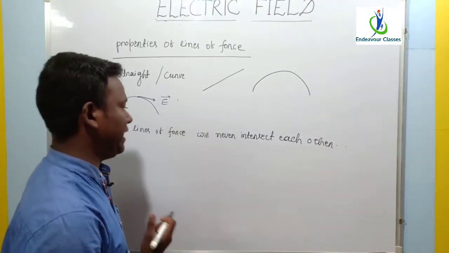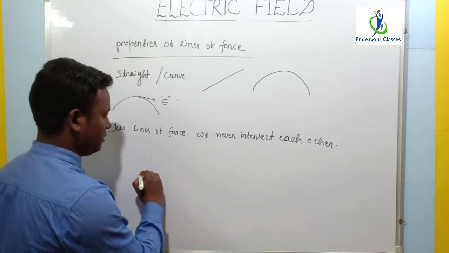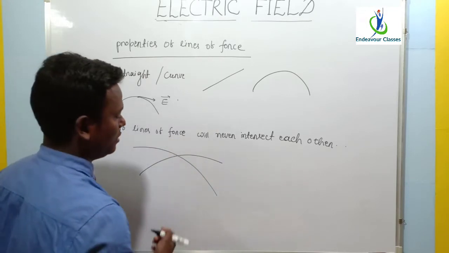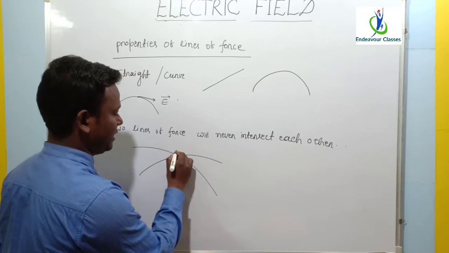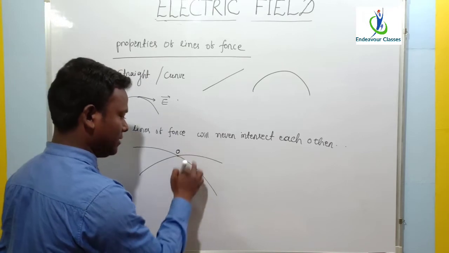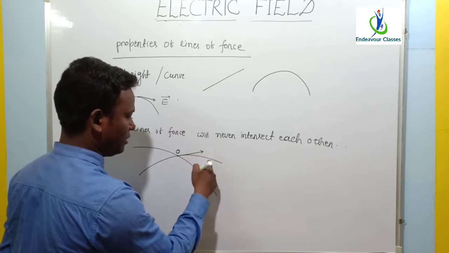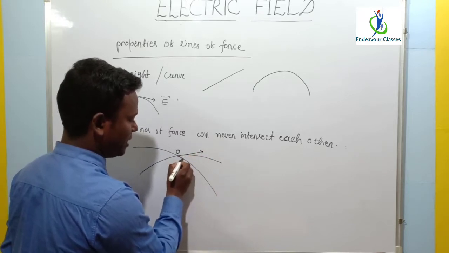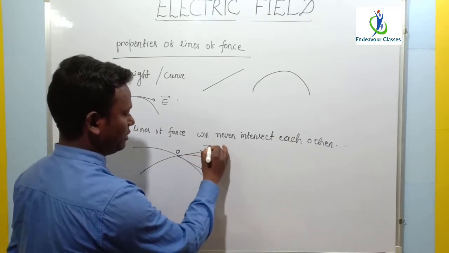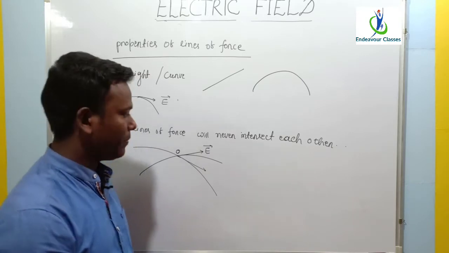Let us explain it, because this question is quite frequently asked in various board exams. The reason for this is, suppose these are two lines of force, and they intersect at this point O. Then we can draw two tangents to the two lines of force at the same point. From this point I can draw a tangent to this line of force, and I can also draw a tangent to the other line of force. As we know, the tangent represents the direction of electric field intensity at any point.